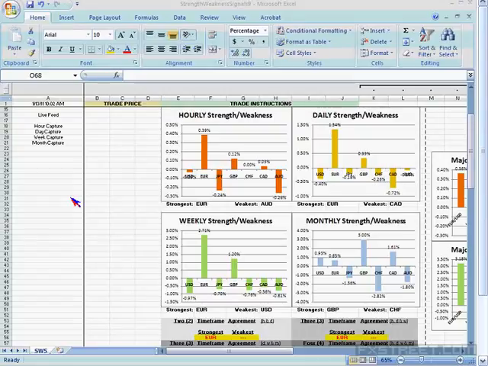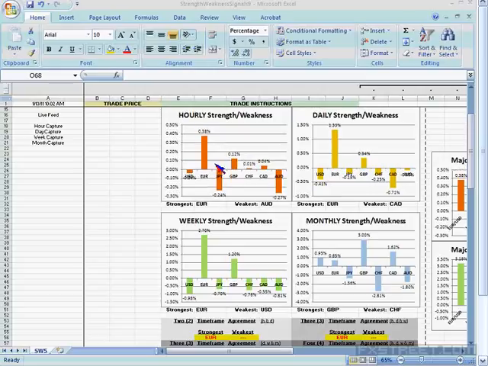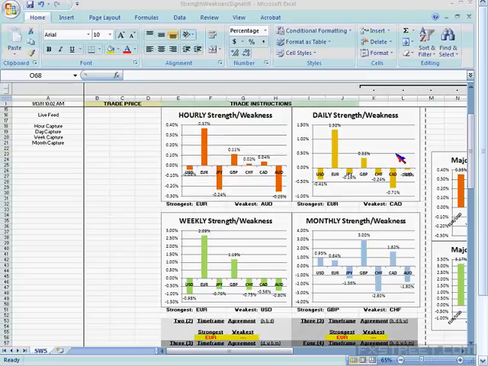Great. Now, what I have in front of you, I'm going to be spending some time talking about this strength-weakness that I've talked about on many occasions. Just as Ed mentioned, there has been a lot of strength on the euro.